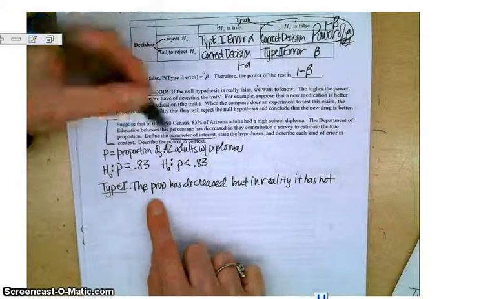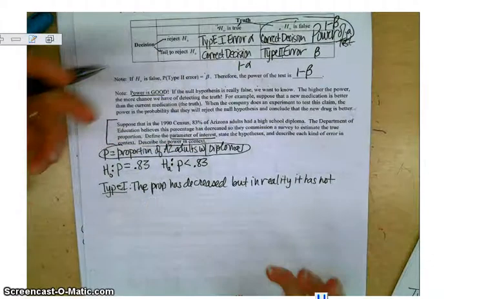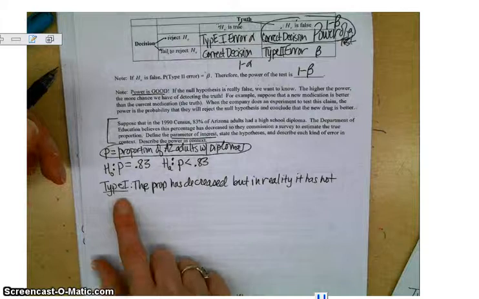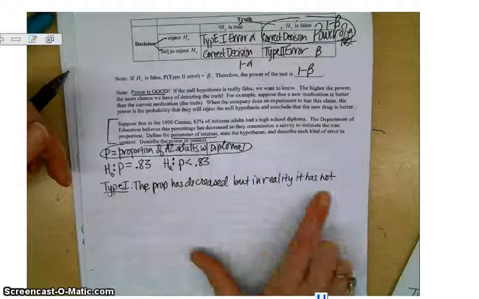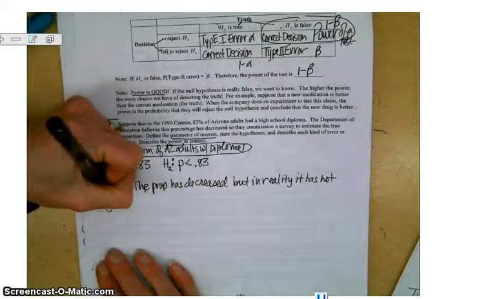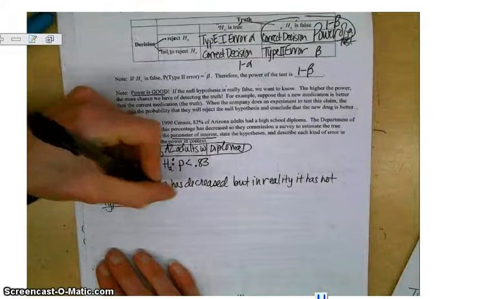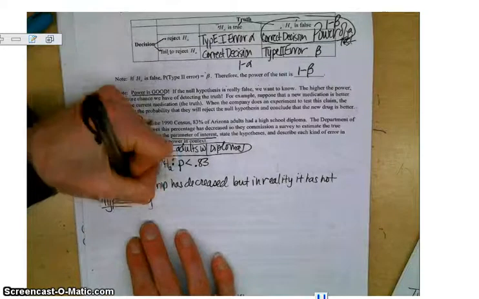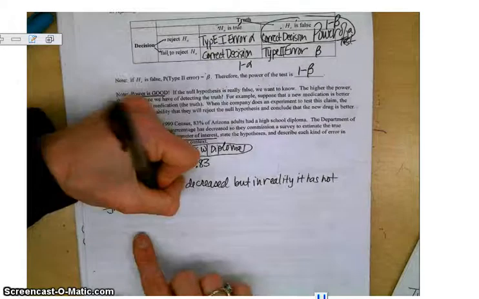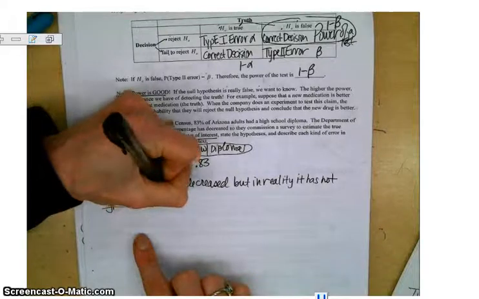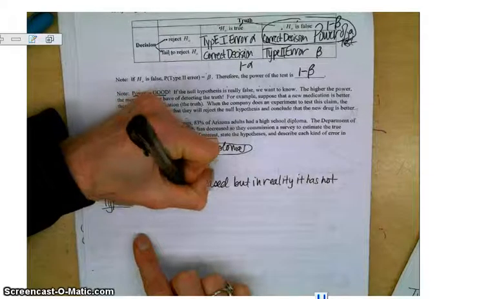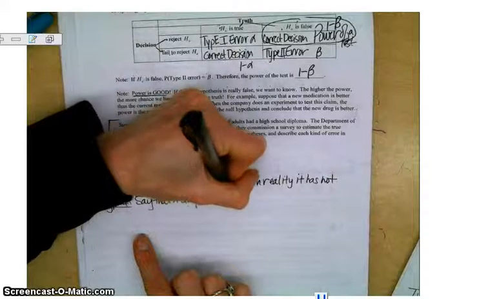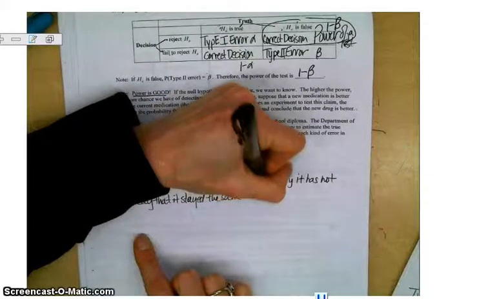The proportion, I already stated up here, it's the proportion of Arizona adults with diplomas. So type 1 error would be that the proportion has decreased, but in reality it has not. So what's a type 2 error? You say it has not, it stayed the same, but really it didn't. Okay, so we say that it stayed the same, but it did decrease.